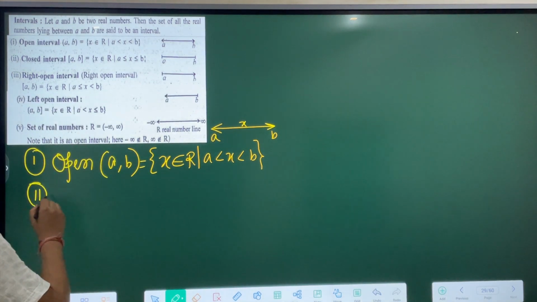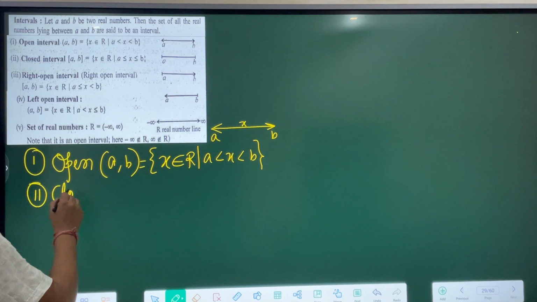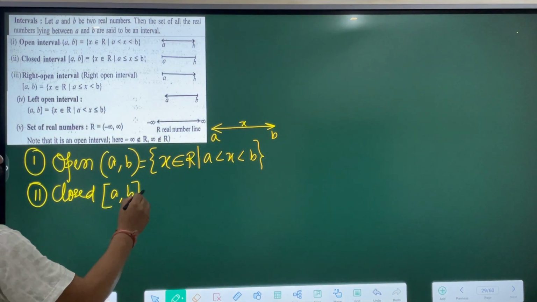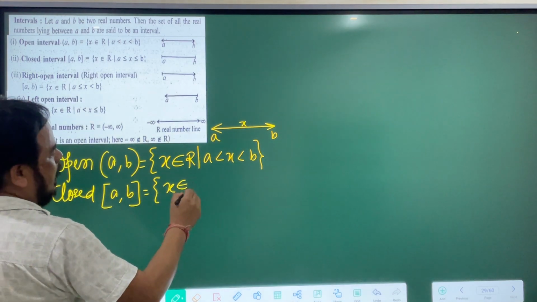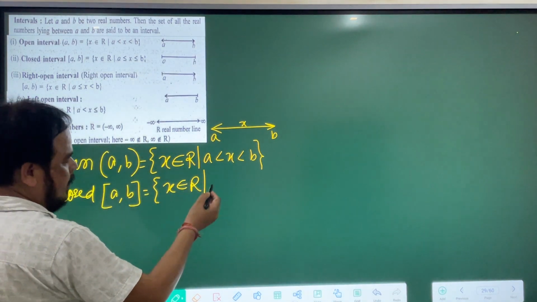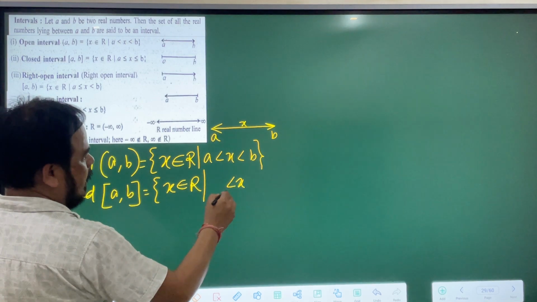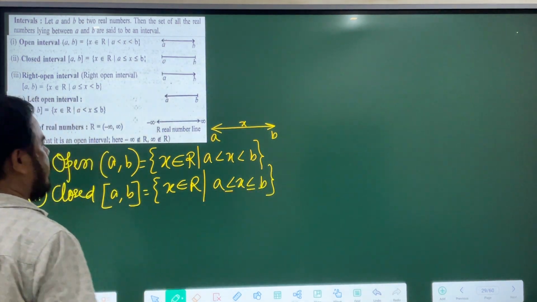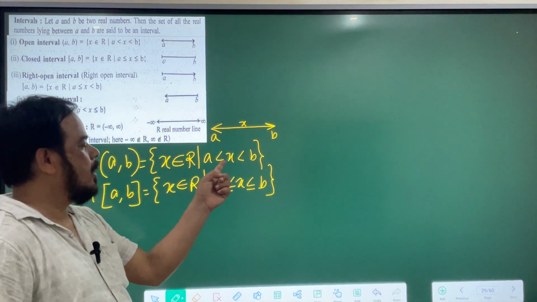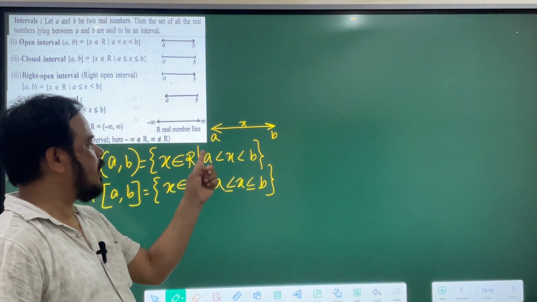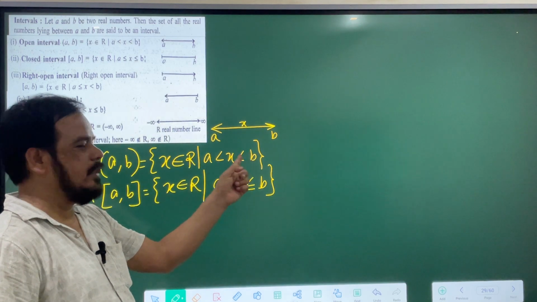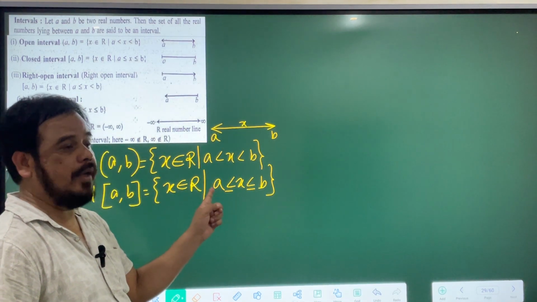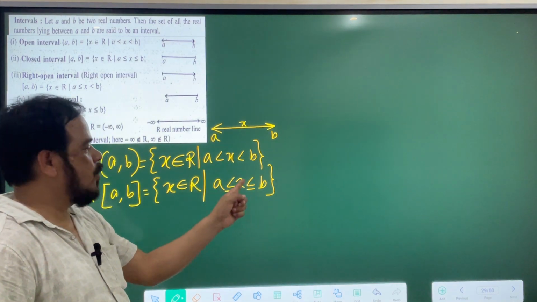Number 2, closed interval. The closed interval is [a, b]. The same thing we will write now: x belongs to real numbers such that, how do we read this one? The open one we read as x is greater than a and less than b. This one we read as x is greater than or equal to a, less than or equal to b.